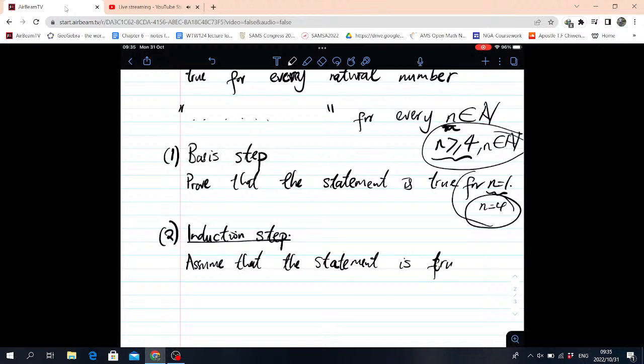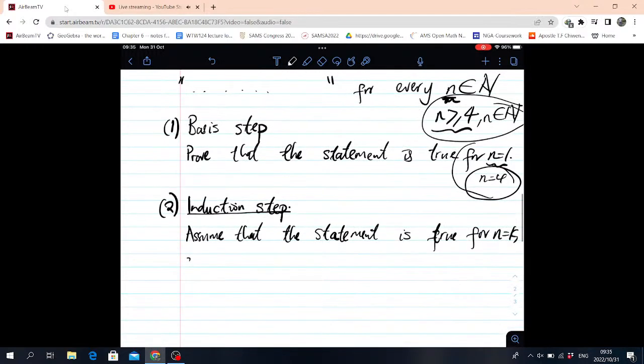So it is true for n is equal to k for some fixed natural number k, right? And sometimes this first step here is called the inductive assumption. So you have to assume that this statement is true for some k, for n is equal to k, where k is some fixed natural number.